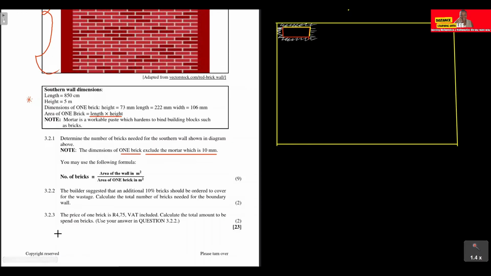Question 3.2.3. It says the price of one brick is 4 Rand and 75 cents, including VAT. So VAT is included. Calculate the total amount to be spent on bricks, and you're told that we need to use the answer that we have obtained in question 3.2.2.